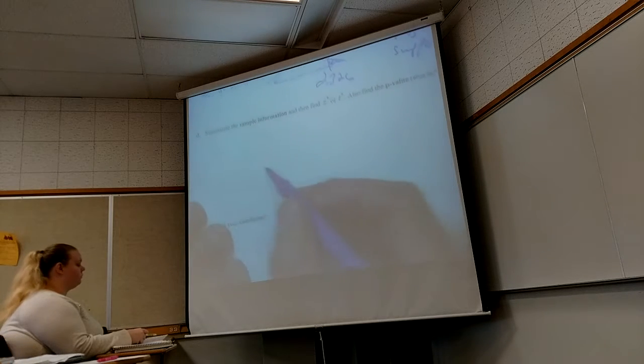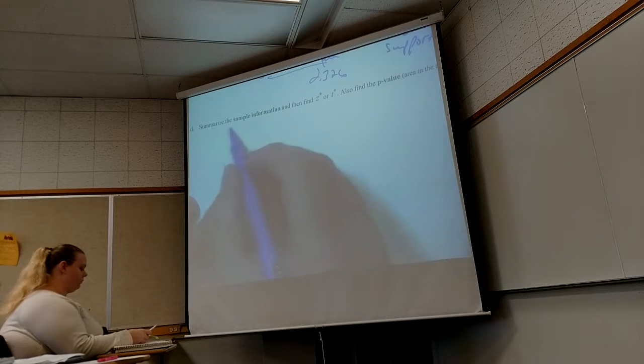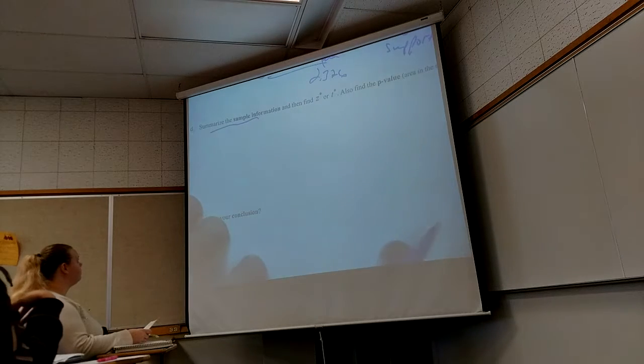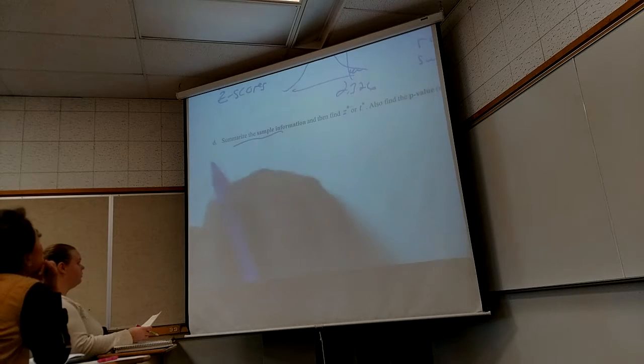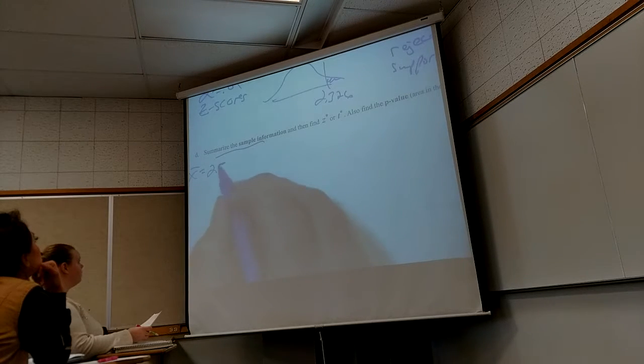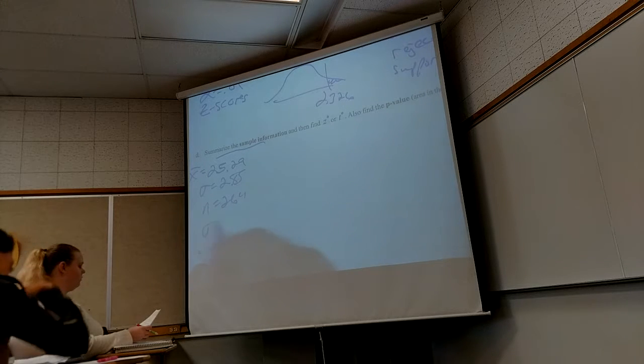All right. Summarize the sample information. Really, the only reason I say this is just so you know this is where X bar should come in. So X bar is 25.29. Sigma was 2.85. N is 264. So what's sigma X bar?